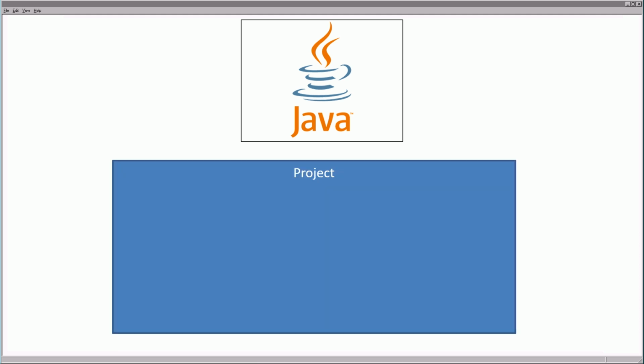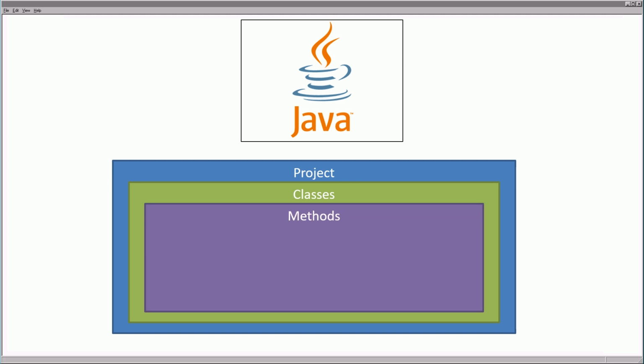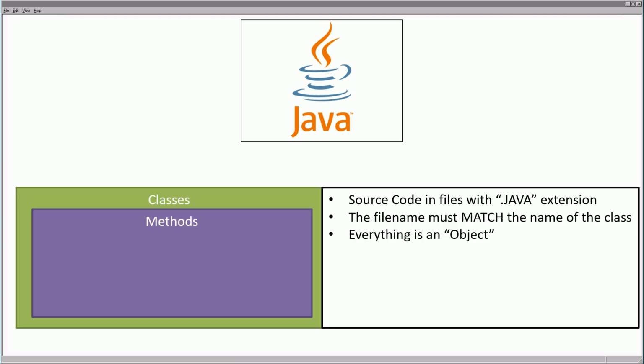From there, Java makes you organize everything first inside of a structure called a class, and then the actual functional code is written inside of another structure called a method. More specifically, the source code files end with the .java extension, and Java makes a very specific rule: the file name has to match the name of the class inside of the file.